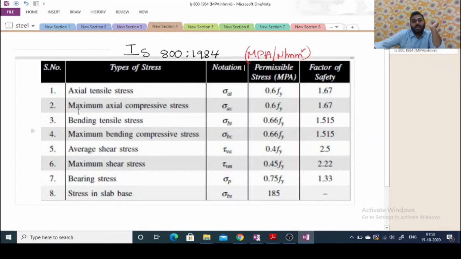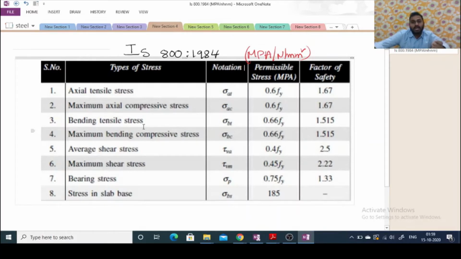In the same way, for maximum axial compressive stress, if you see the notation, axial tensile stress is represented with sigma at, where sigma is stress, A is axial and T is tension. In the same way, for axial compressive stress, sigma represents stress, A is axial and C is compression. The permissible axial compressive stress is again the same value, 0.6 Fy, and the factor of safety is also the same.